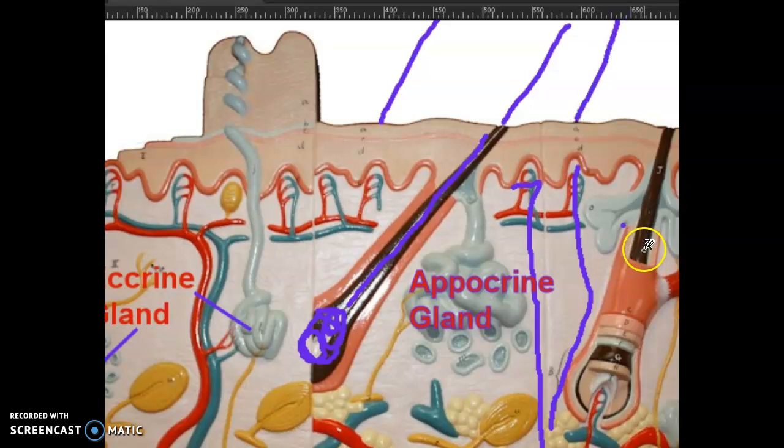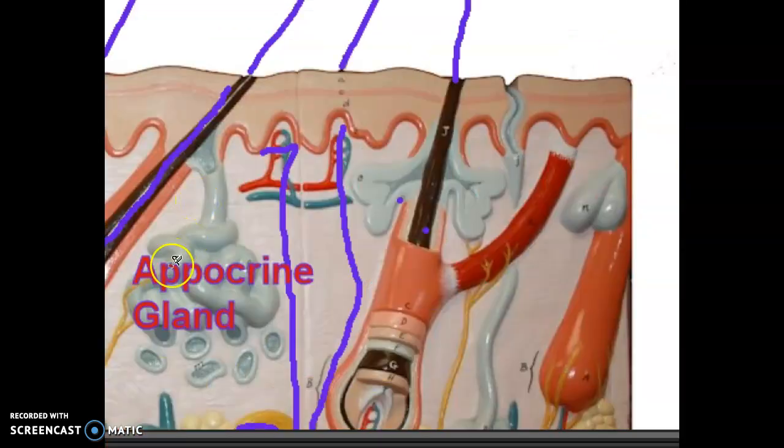Again, this is the root, it's below the skin surface. This is the shaft. And again, we have a lamellated corpuscle, or Pacinian corpuscle, down here, which detects deep touch. Again, I really like this model because the duct of this gland goes to the hair follicle. And you can see it's a continuation of the stratum basale and spinosum.